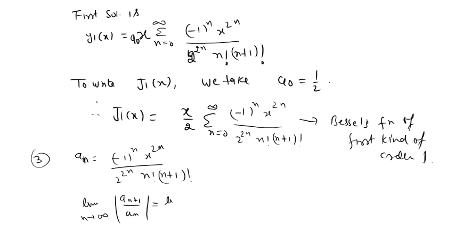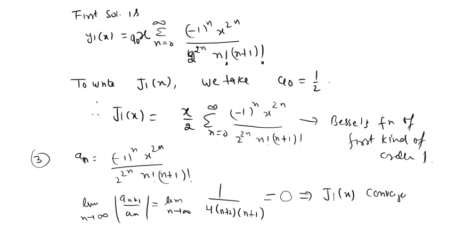So limit n goes to infinity. What you got after cancellation, you got x square divided by 4(n plus 2)(n plus 1). When n goes to infinity, this is just 0. So this implies by the ratio test that J1(x) converges for all x.